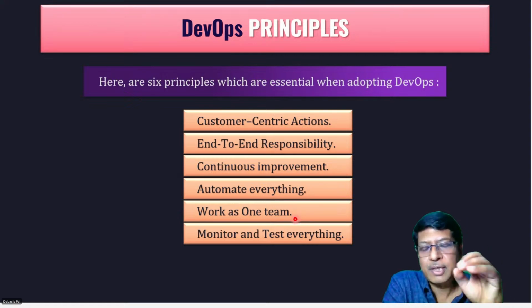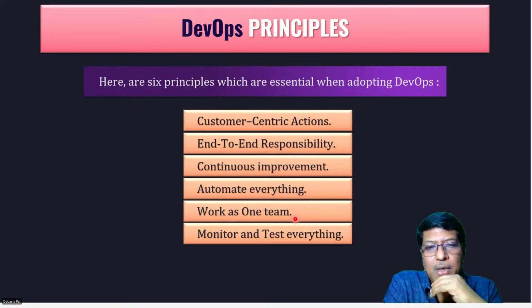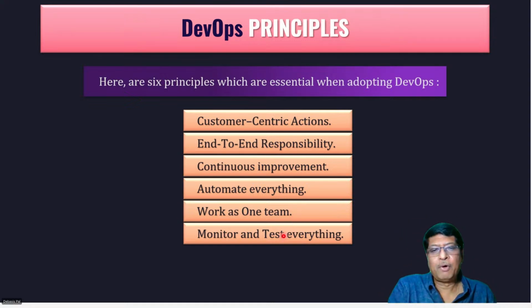I'm a specialist tester or a developer. But I say I am a DevOps team, an agile team. Monitor and test everything. This is because you always have a motto to fail in the beginning, not in the end.